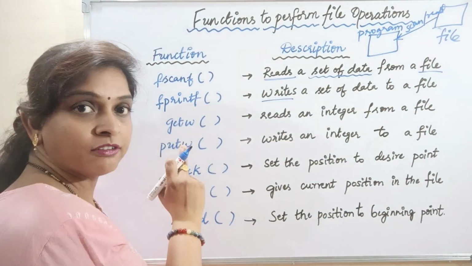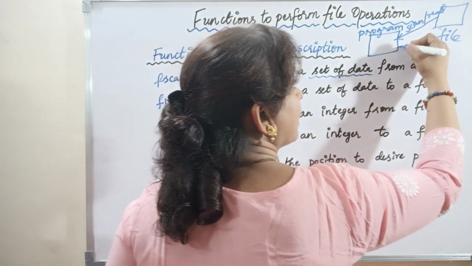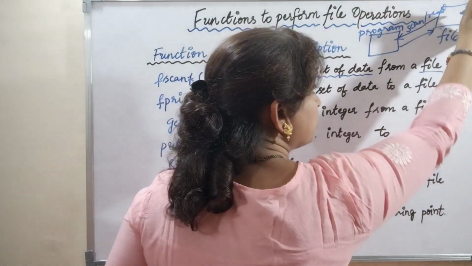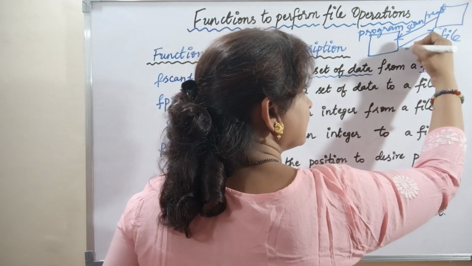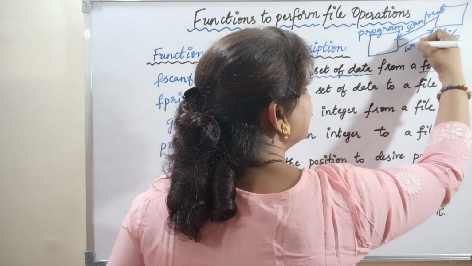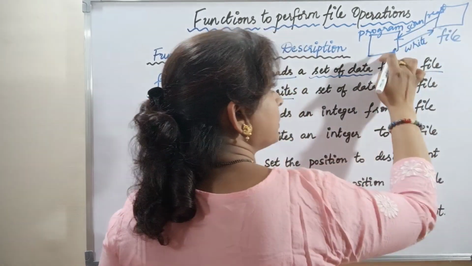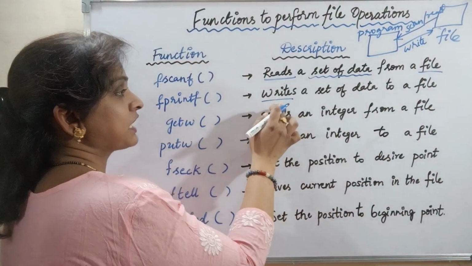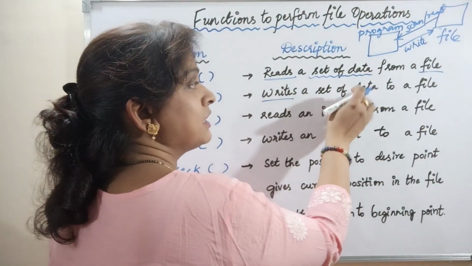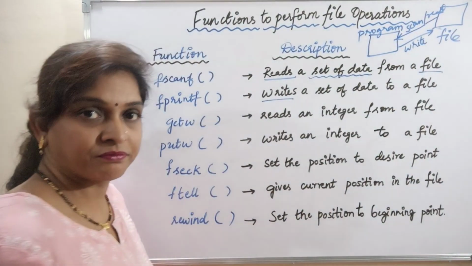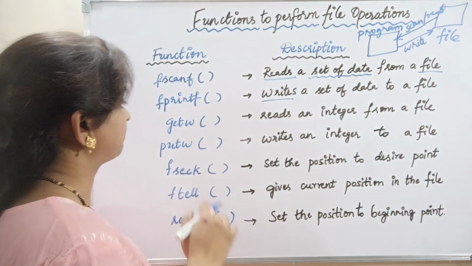When I say fprintf, I am printing the data from my program to the file. In the sense, I am writing the data from the program to the file. It is writing a set of formatted data to a file. That is what fscanf and fprintf do.